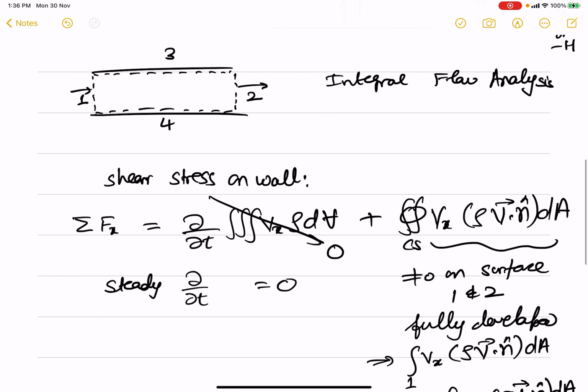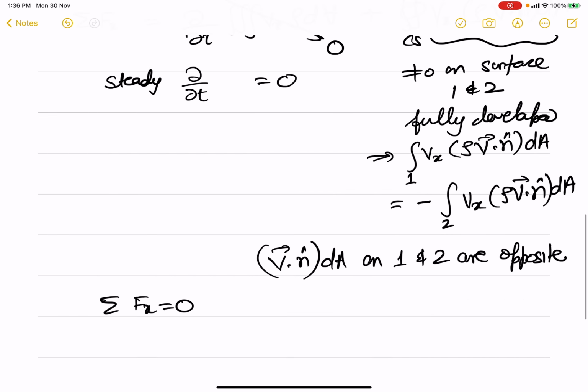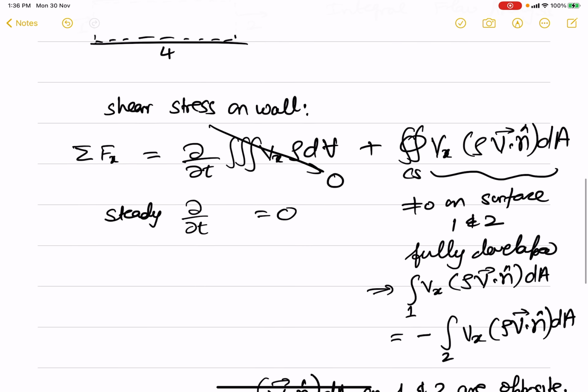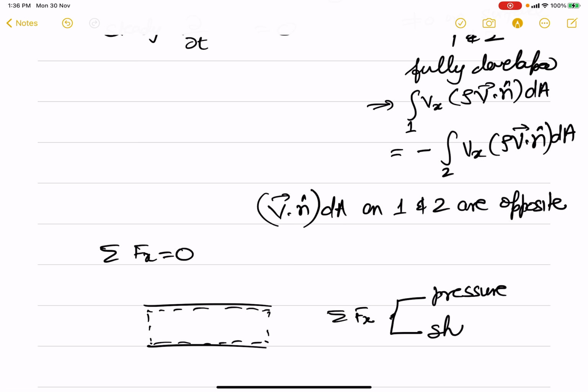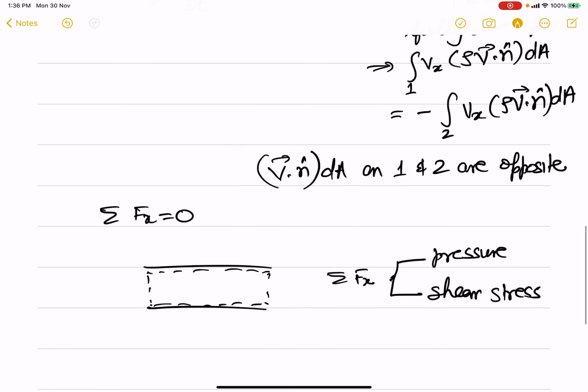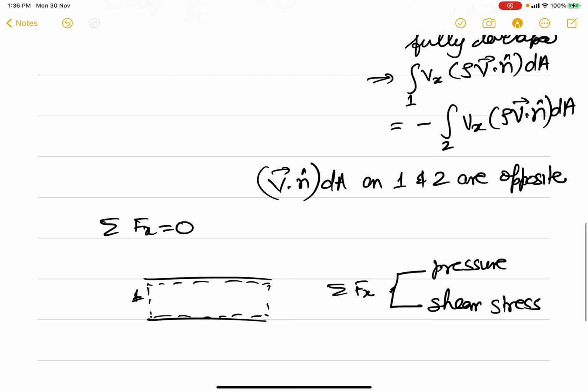Now what is sigma Fx? It is the surface forces in the x direction. So on this control volume, let's draw this control volume here. Sigma Fx will have two contributions, one due to pressure and the other due to the shear stress, and we have to calculate all this.